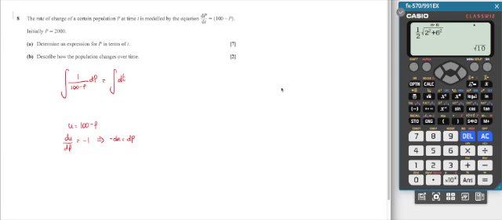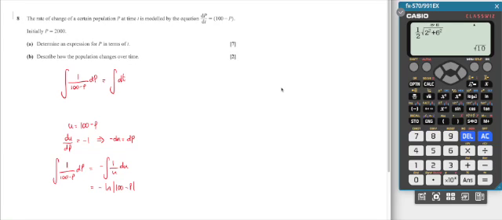So we can therefore say the integral of 1 over 100 minus p dp is minus the integral of 1 over u du, which is minus ln 100 minus p. Not going to worry about the plus c because I'm going to put it on the other side.